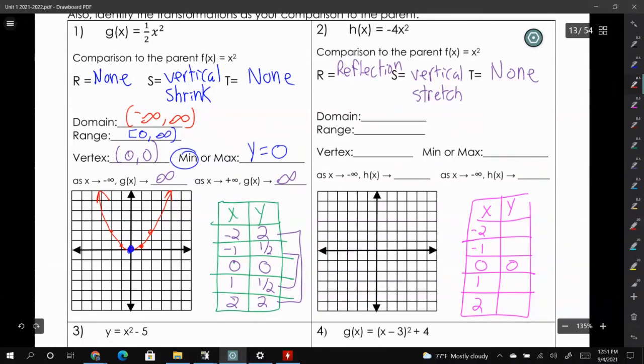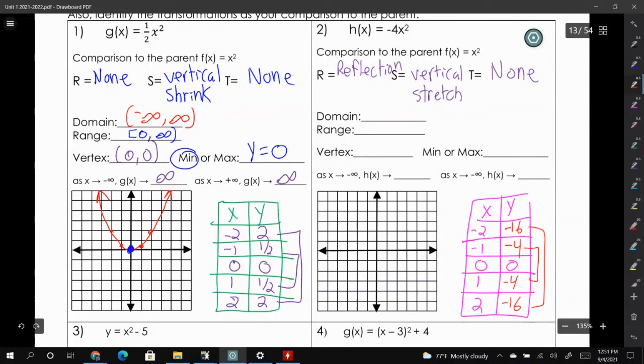Now when we plug in our x values, if we plug in -1, -1 squared is 1 times -4 is -4. -2 squared is +4 times -4 is -16. And then these y values should match.